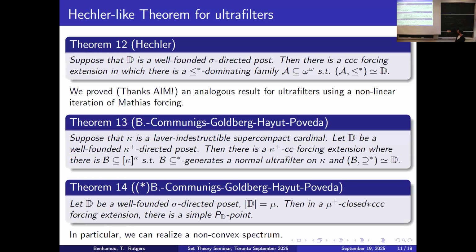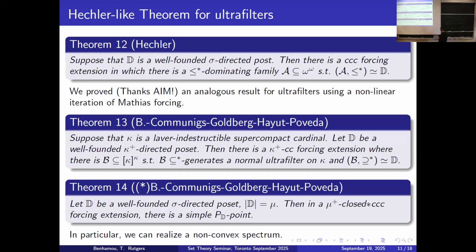Diamond will be available above a supercompact in many places, and also in here, right? So if I already have the certain diamond I will need, not on omega but at mu plus, then I don't need that part.